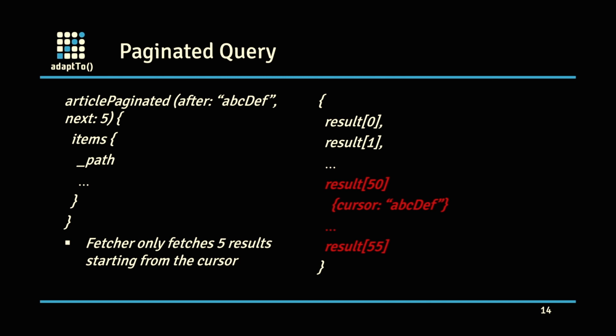So the paginated query fetches, in this example, only 5 results starting from the cursor. And the cursor is actually something which we specify in a query.